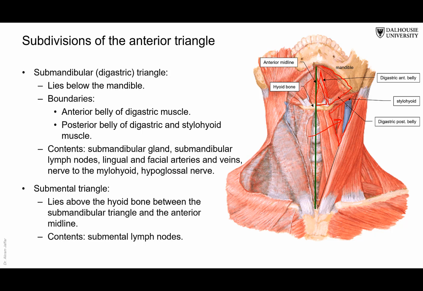Now, the triangle that remains here in the middle is called the muscular triangle because mainly it has muscles, and these muscles are called infrahyoid muscles. I'm going to talk about them in a moment, but don't forget that the thyroid gland is also located here in this muscular triangle. So all these are subdivisions of the anterior triangle: the submandibular, the submental, the carotid, and the muscular triangles.